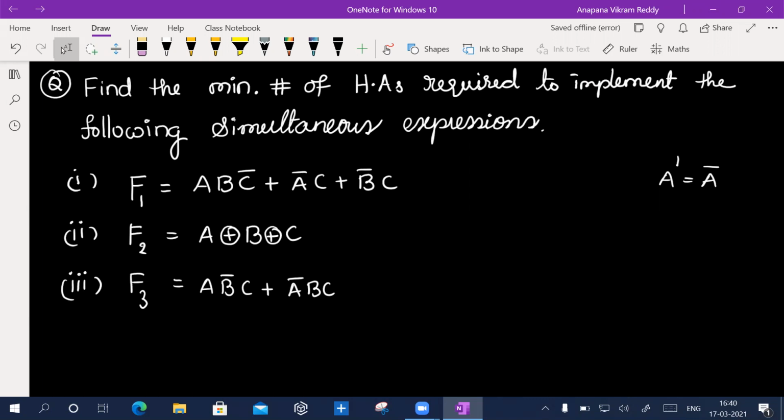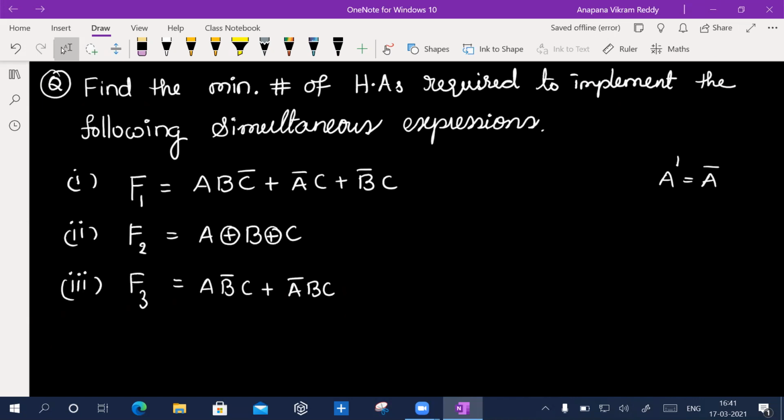Did you understand the question first of all? You need not solve question numbers 1, 2, 3 separately. You have to club all these three expressions and show them in one design. So you have to organize your logic circuit and tell me what minimum number of half adders we require to implement these three simultaneous expressions.